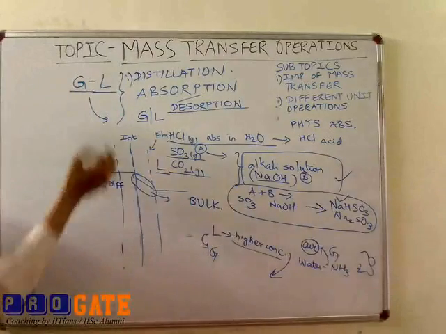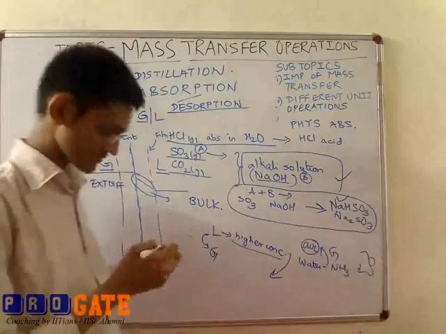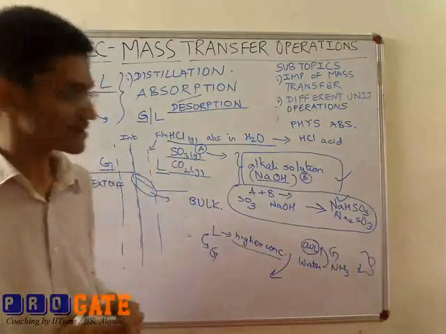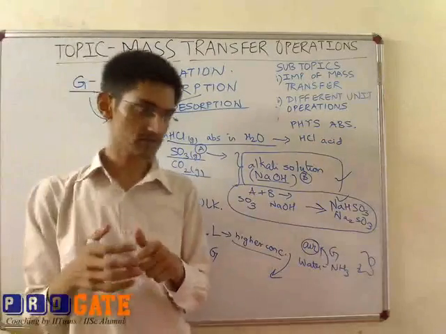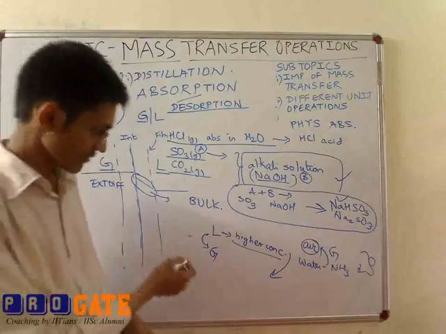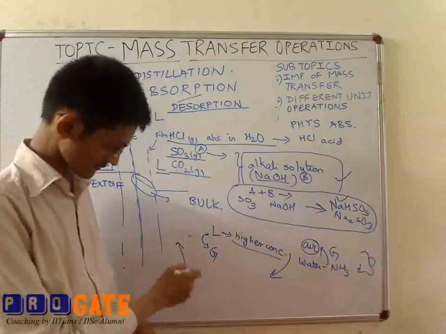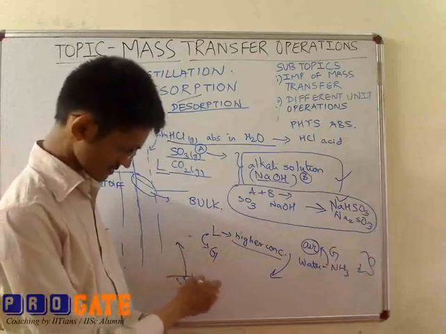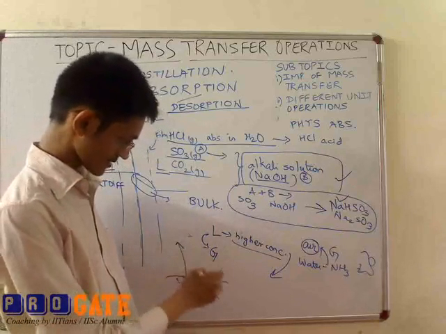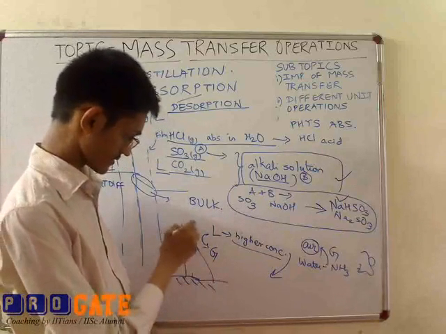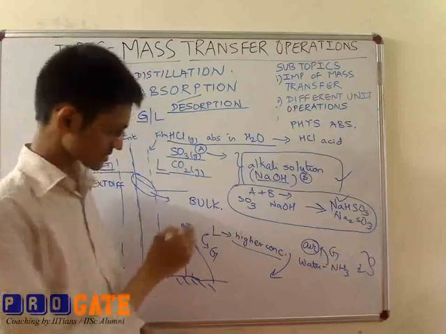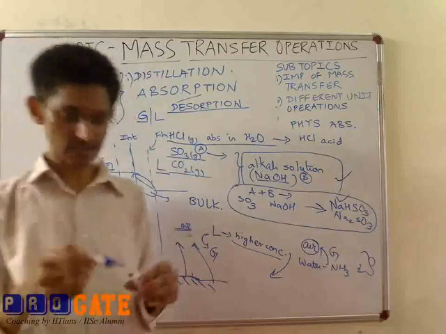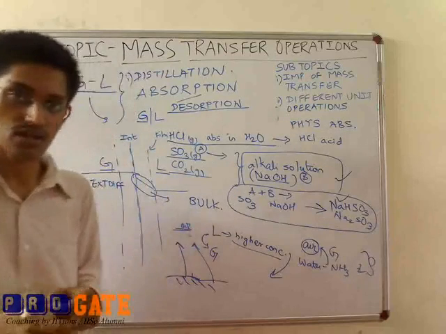Also, absorption is characterized when we have humidification and dehumidification of air. Humidification of air, what we mean is water tends to evaporate from the surrounding or the liquid phase, pool or whatever, to the air. So the partial pressure of water vapor in the air tends to increase due to the evaporation of the water.